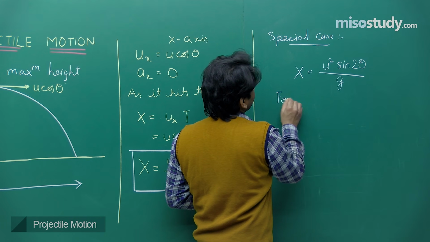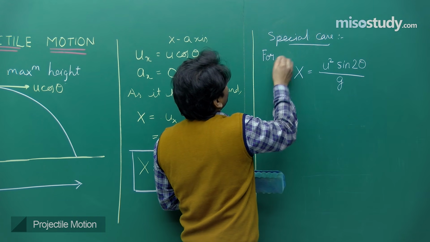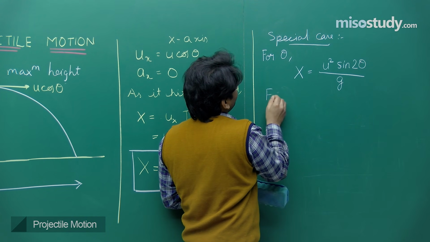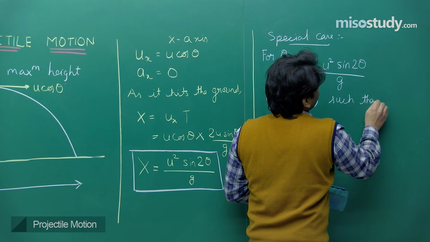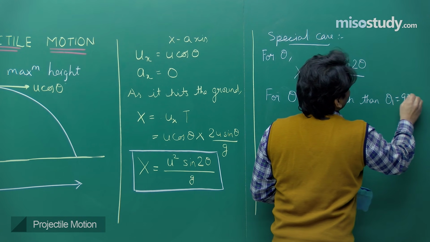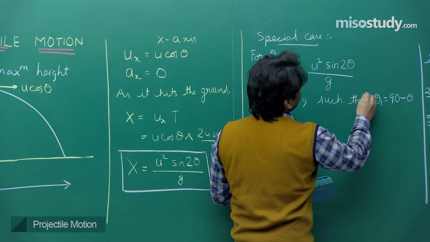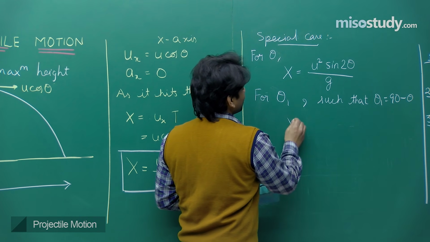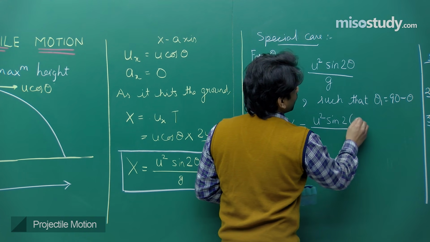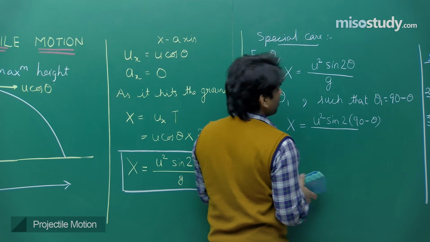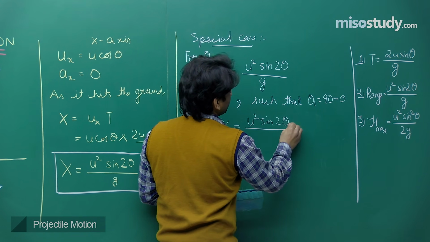For theta, the range comes out to be this, and for theta 1 such that theta 1 is equal to 90 minus theta, let us substitute and see what we obtain. X will be equal to U square sin 2 theta 1 upon g.